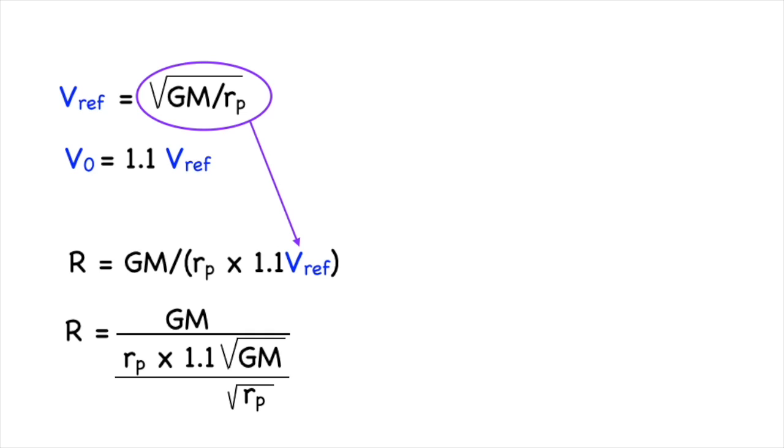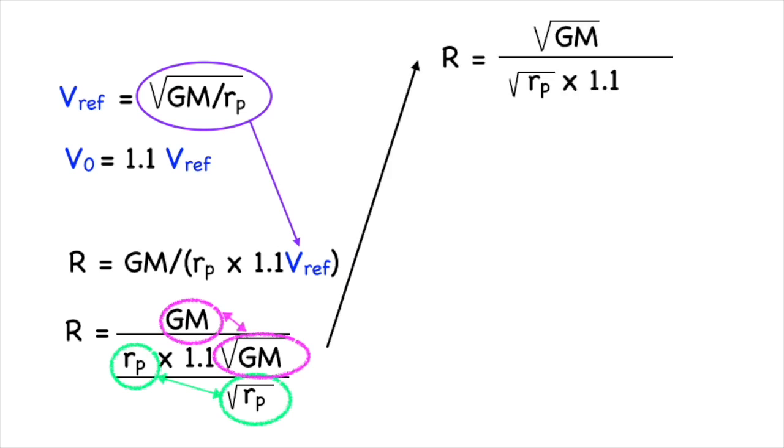Let's remove our real space diagram so we have more room to do a little algebra. We can see two opportunities to simplify our expression. And we get that capital R equals the square root of GM divided by the square root of r sub p times 1.1. But wait a minute.